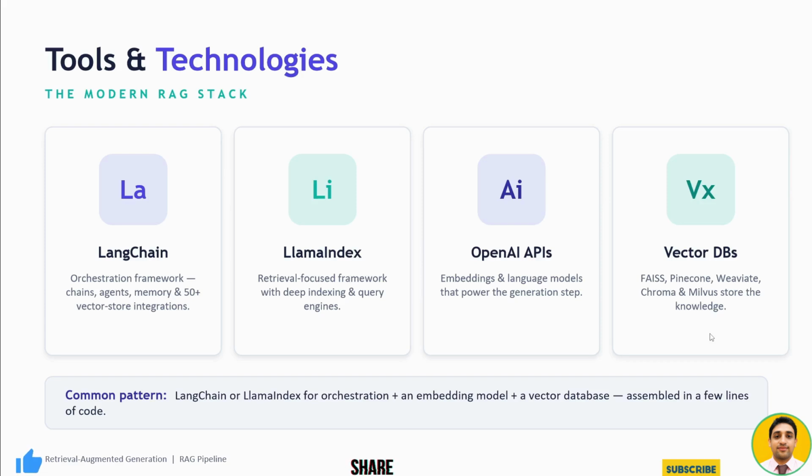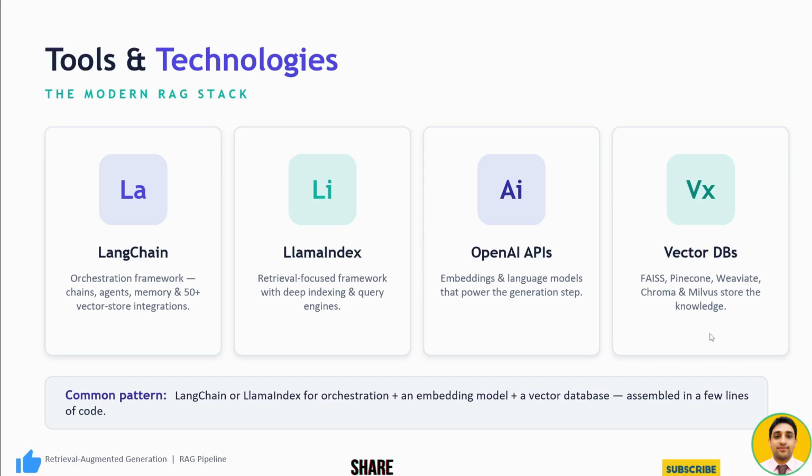Second, we have LlamaIndex, which is a retrieval focused framework that specializes in deep indexing capabilities and powerful query engines, making it particularly well suited for applications where retrieval quality is the top priority.